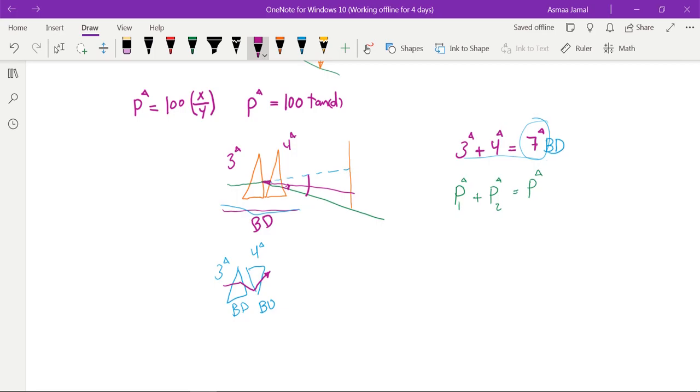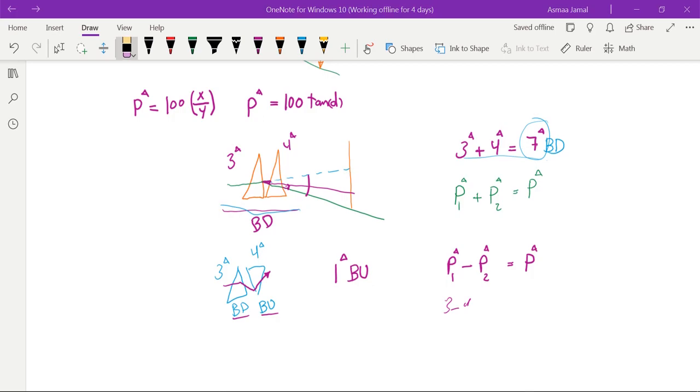So the resultant here, the total power, will be just 1 prism only. And since the up is more than the down, this one will be 1 base up. So if the directions of the two prisms are different, we will subtract. And here we will not care about negative or positive. 3 minus 4 is minus 1, but we don't care about that here in our prism.